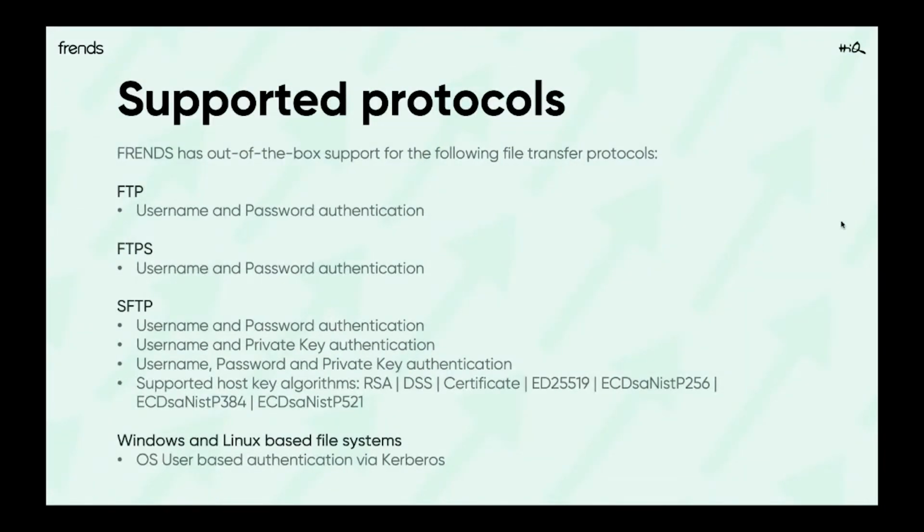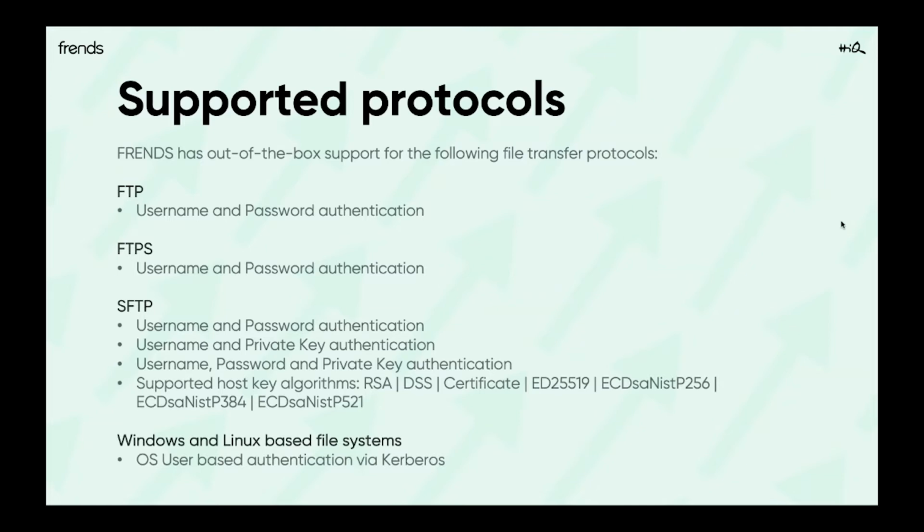What do we support on the Frends side? We have out-of-the-box functionality for the following protocols: FTP, which is a standard file transfer protocol, FTPS, and SFTP. SFTP is a modern way of transferring large files with different kinds of authentication, authorization, and also cryptography methodologies.